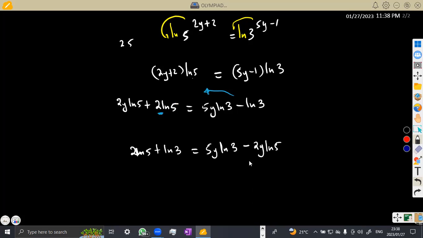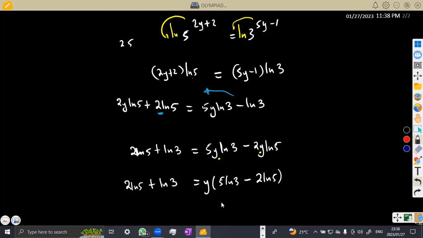You want to calculate the value of y. On the right hand side, you can see there is y on this part and another y on the other part, so you can factor out y. If we factor out y, we remain with 5 ln 3 minus 2 ln 5. But the left hand side is equivalent to 2 ln 5 plus ln 3.